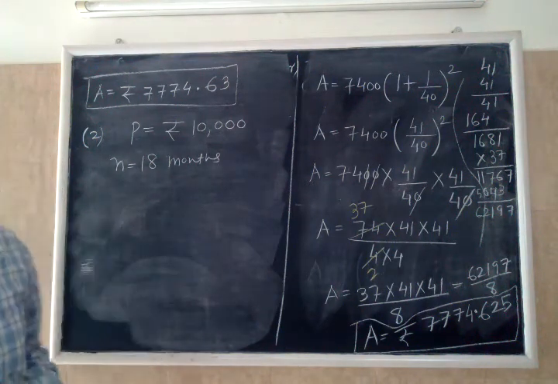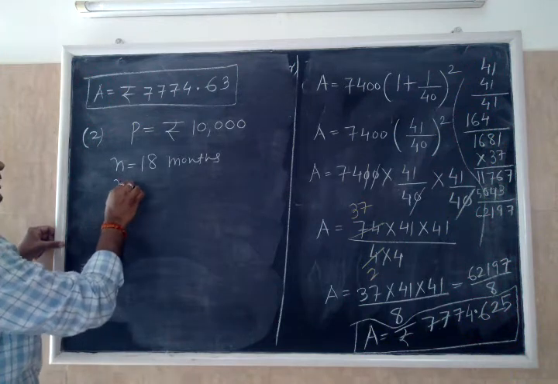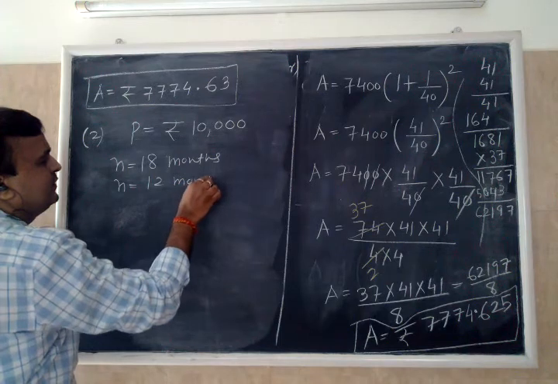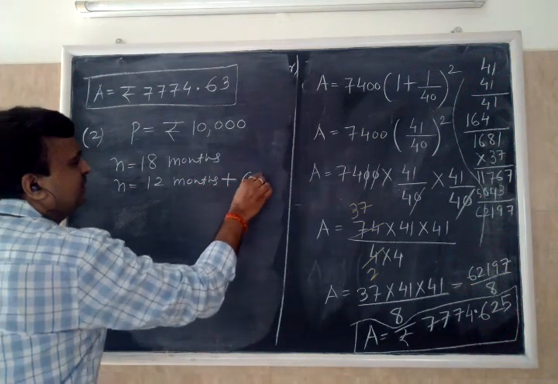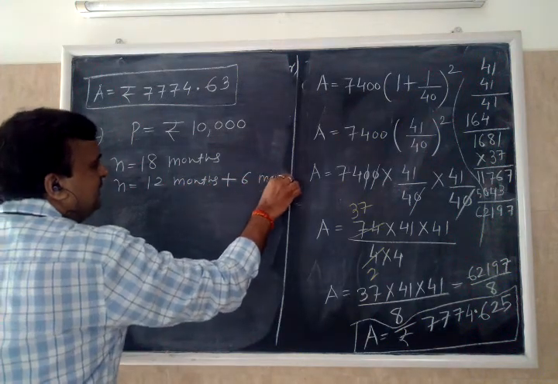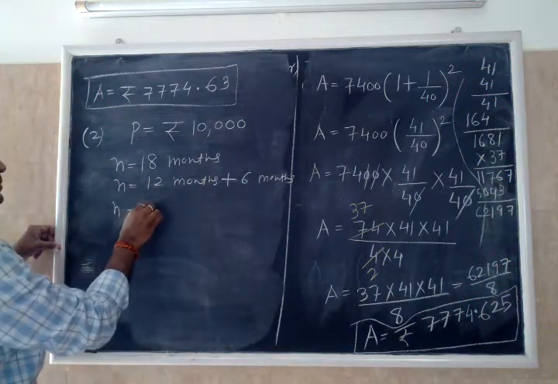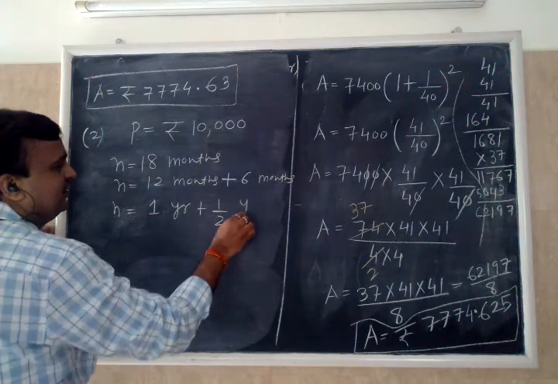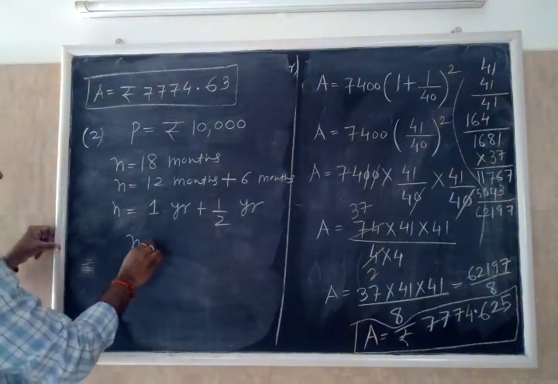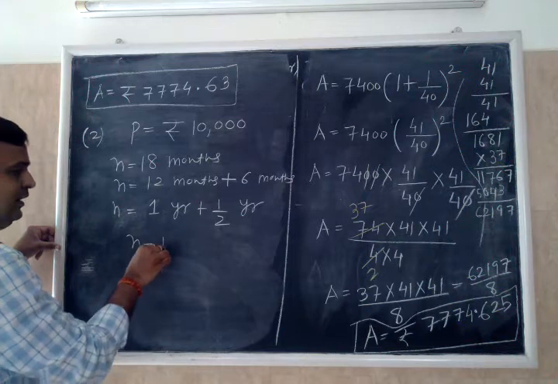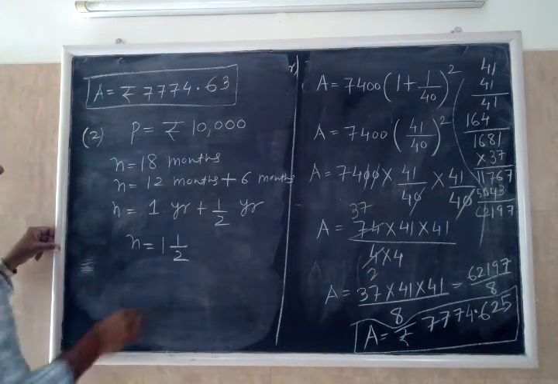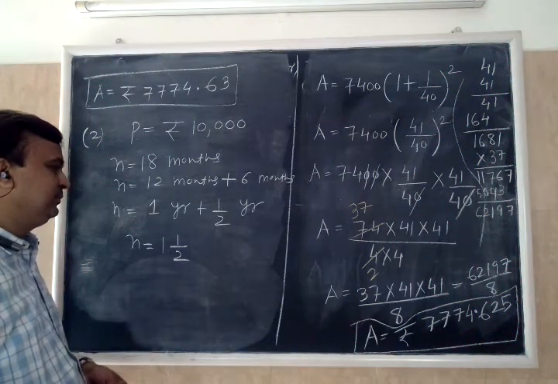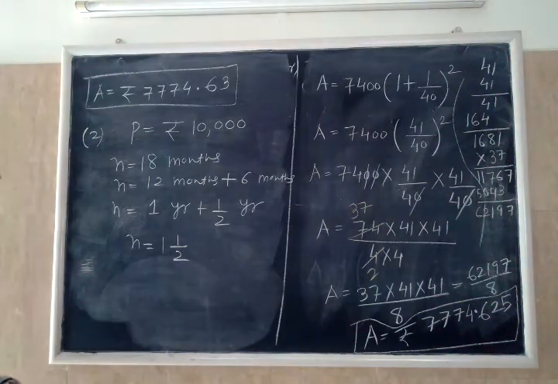Now how to convert, what do you mean by 18 months? 12 months plus 6 months, no? So 12 months is 1 year and 6 months is half year. So N is equal to 1 plus 1 by 2, no?